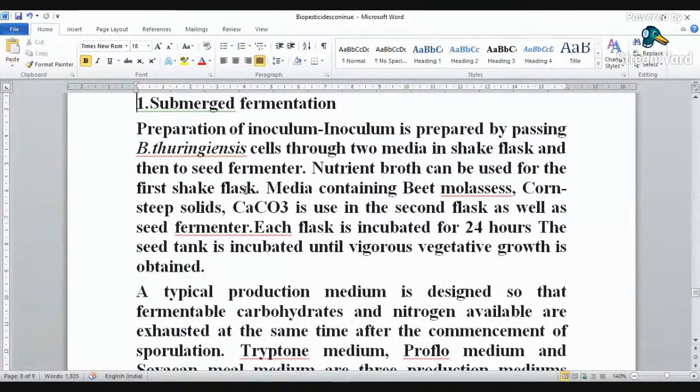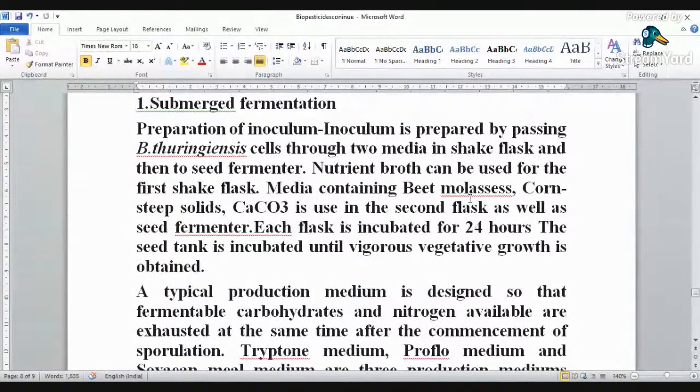What to use in the first flask? Nutrient broth. The second flask contains beet molasses, corn steep solids, and calcium carbonate. These are the ingredients used to prepare the media for the second flask.